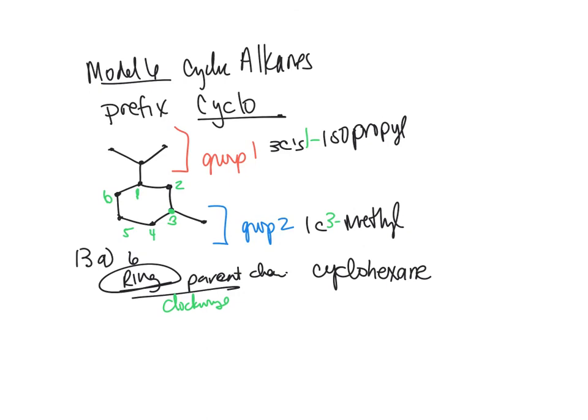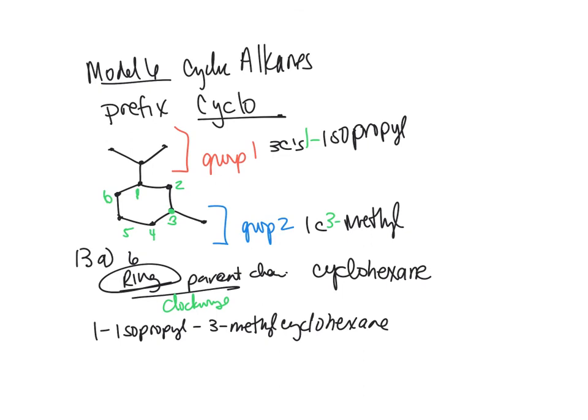Do either of the two numbering schemes provide the lowest number? Clockwise. If both numbering schemes give the same numbers, choose the scheme that gives you the lowest number substituent that occurs earlier alphabetically. Alright, so basically your name then is 1-isopropyl-3-methylcyclohexane.